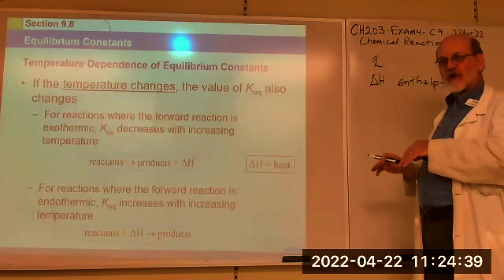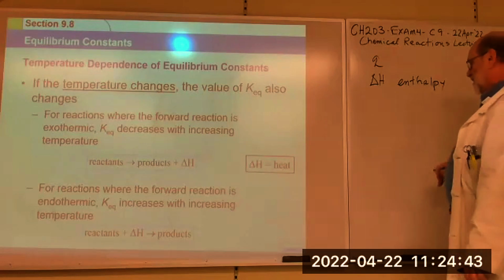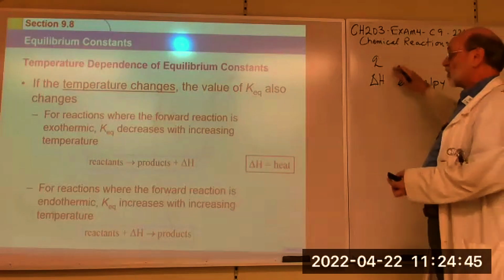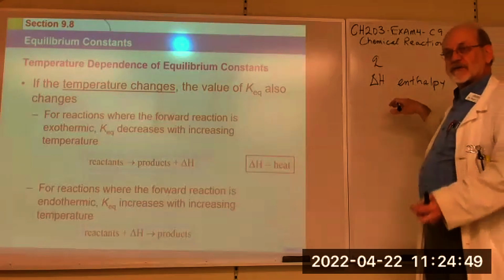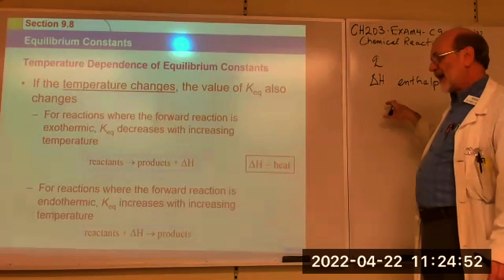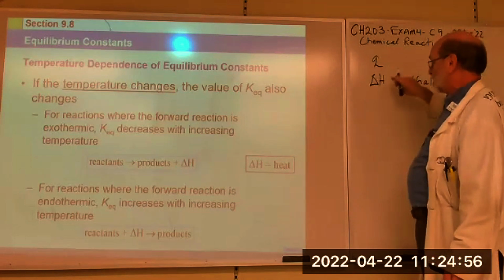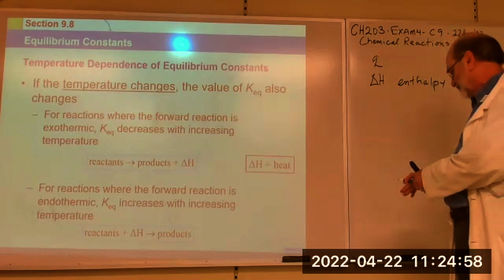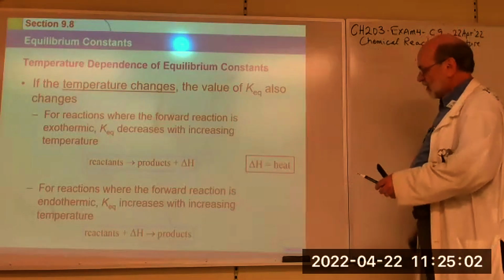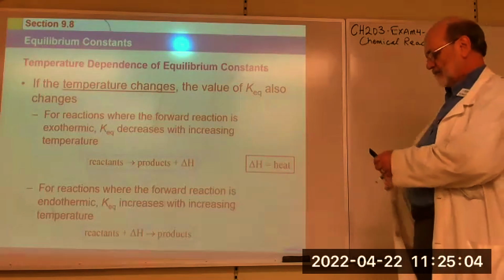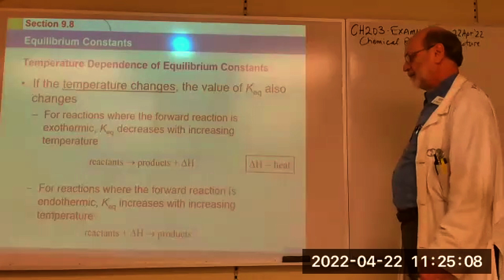And I don't have time to derive that, but take my word for it. So since Q is measurable and delta H is not, chemists tend to conduct a reaction at constant pressure. Then if they measure Q, they know it's equal to delta H. So that's as far as we can go right now. But when you see a delta H, think of it as heat. It's an energy term.